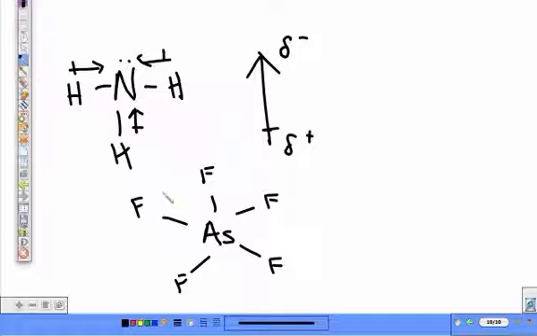They should be all equal angles from each other. So when you look at this, since they're all equal angles from each other, when you combine them, they are going to cancel each other out. So this is all nonpolar.